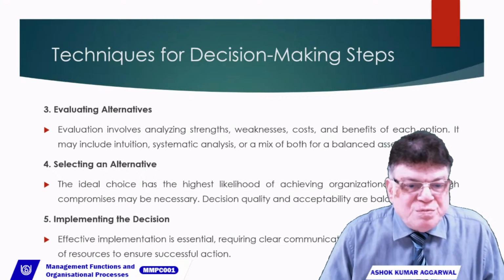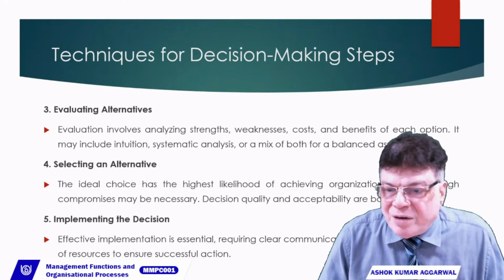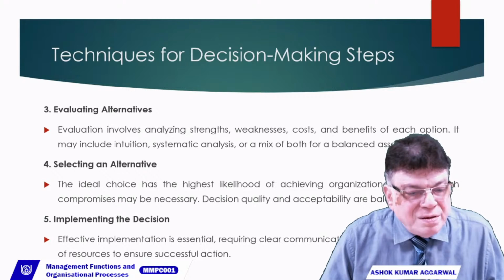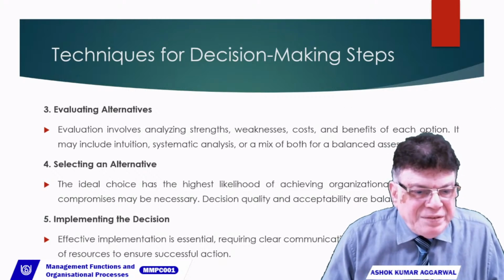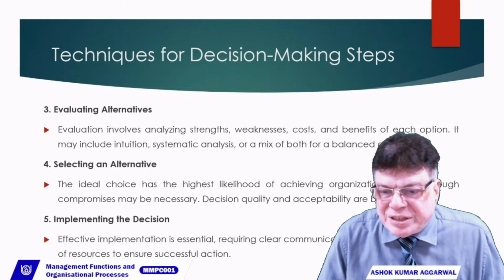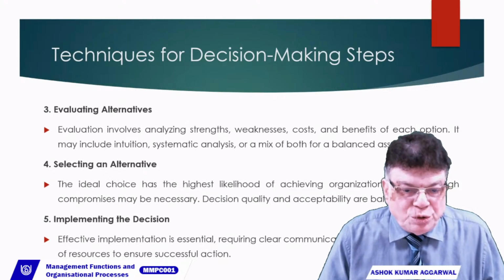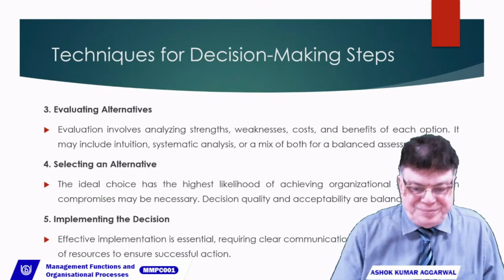Though compromises may be necessary, decision quality and acceptability are balanced here. Implementing the decision. Effective implementation is essential, requiring clear communication, support, and allocation of resources to ensure successful action.